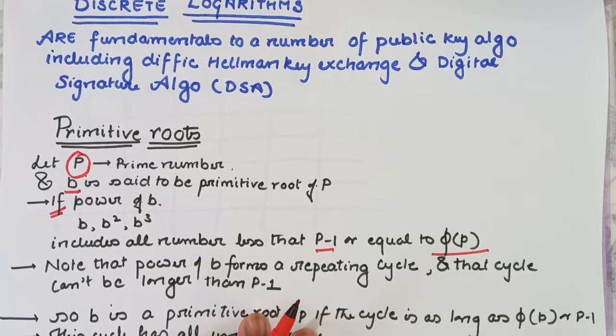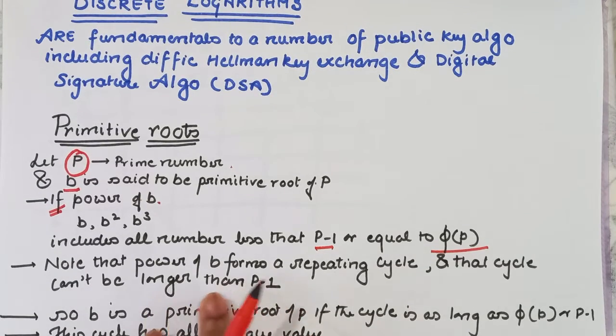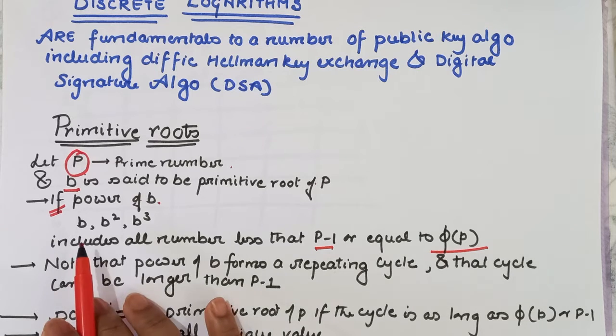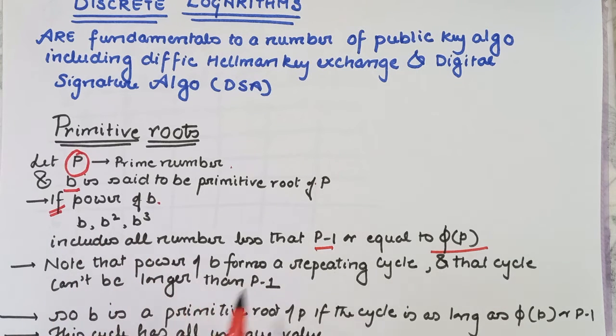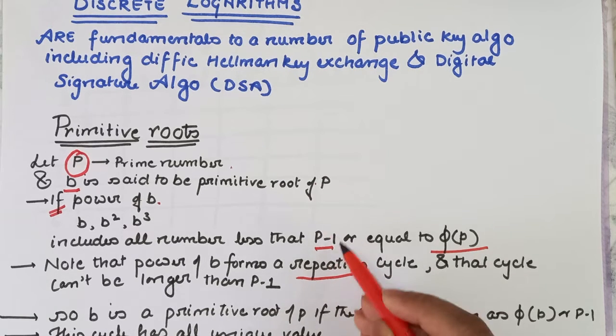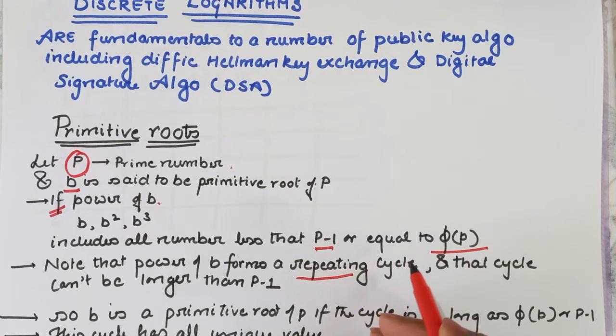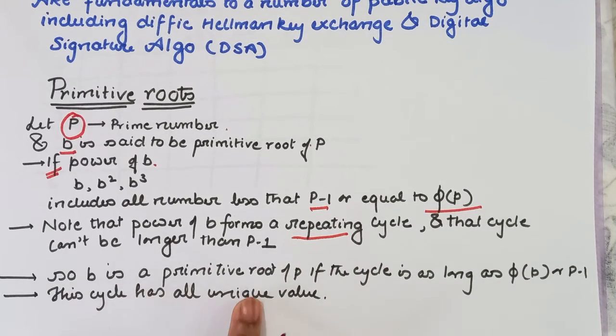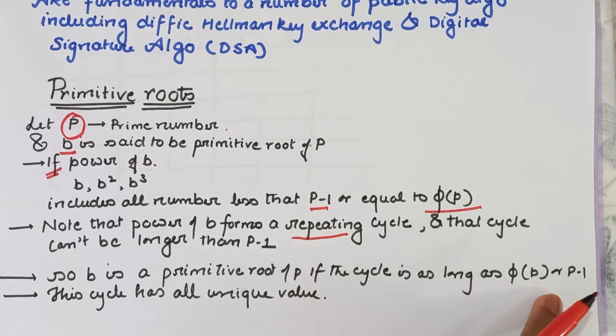So note that the powers of b form a repeating cycle. I'll just now show you that these power values will have a cycle, and these cycles will be repeating themselves, and the cycle should not be longer than the p minus 1 value. The cycle should have the length of p minus 1. So b is a primitive root of p if the cycle is as long as the totient function, or p minus 1.